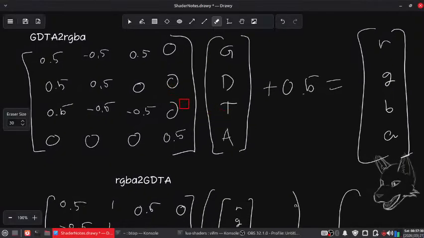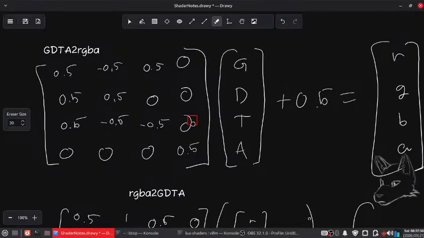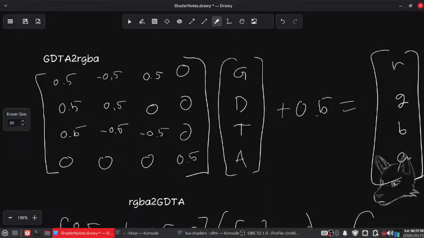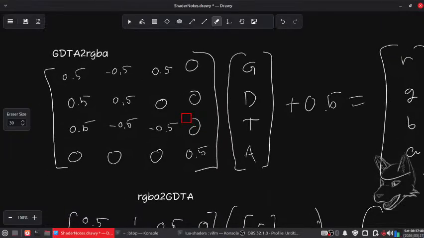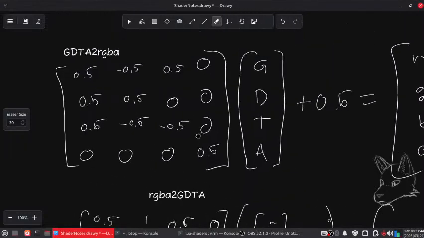Why is this blue? Sure. Seems wrong. Seems very wrong. What?